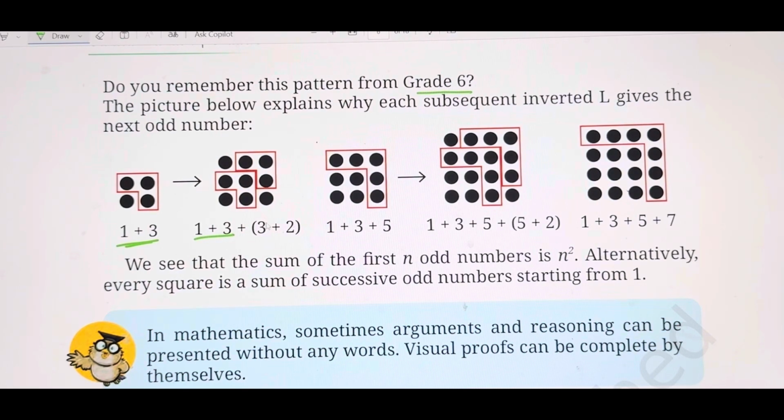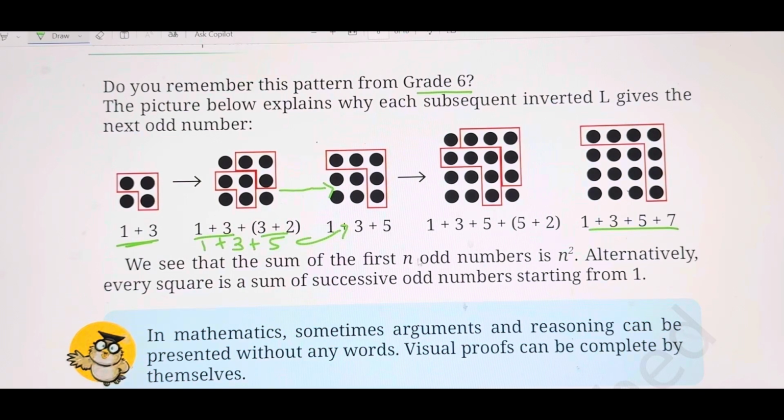So 3 plus 2 is 5. So actually we are adding 1 plus 3 plus 5, the first 3 odd numbers. Similarly here, 1 plus 3 plus 5, then if we take 5 and add 2, that means 7. So you get 1 plus 3 plus 5 plus 7.